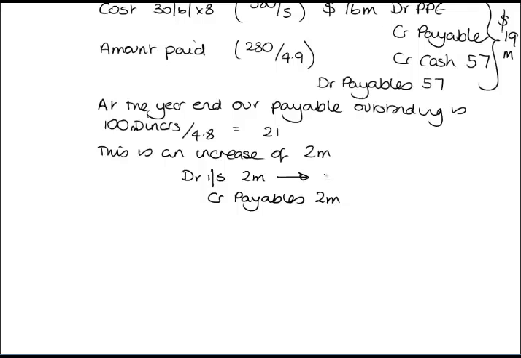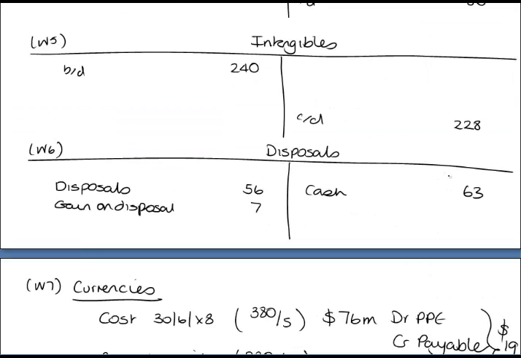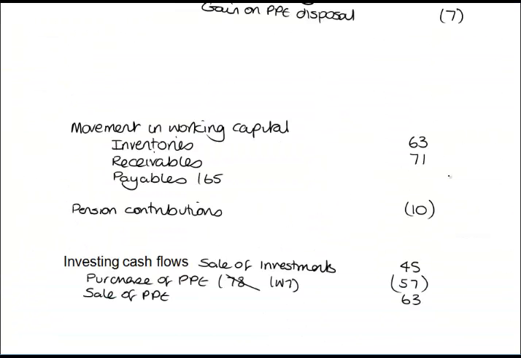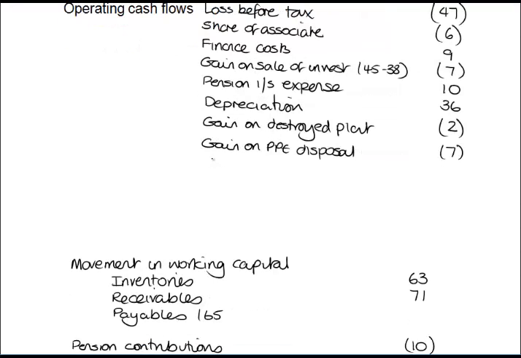That's gone to admin expenses. This is a non-cash expense. What do we do with non-cash expenses? We add them back to profit. So our exchange loss from working number 8 is 2 million, and that is added back to profit.